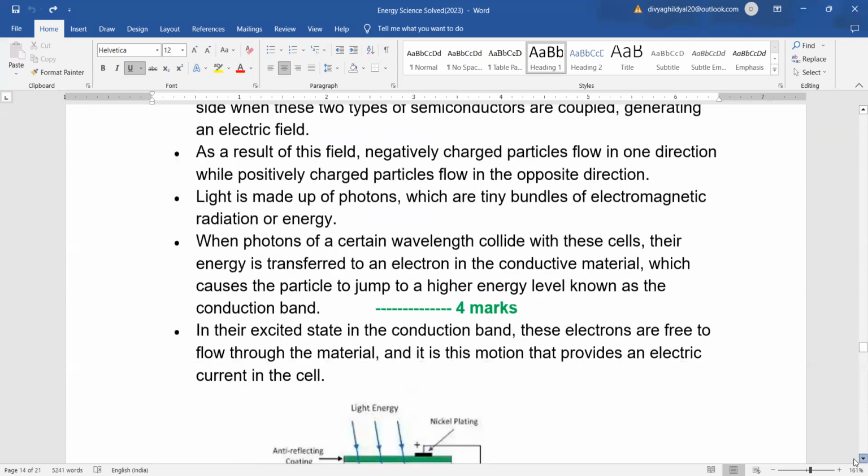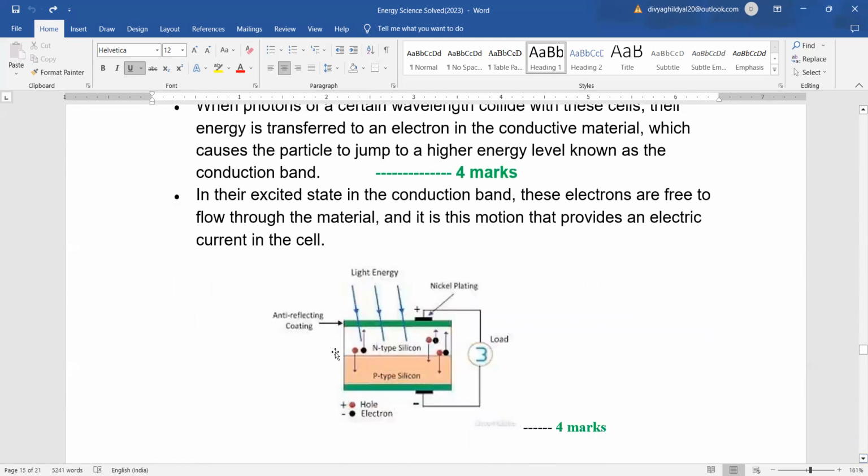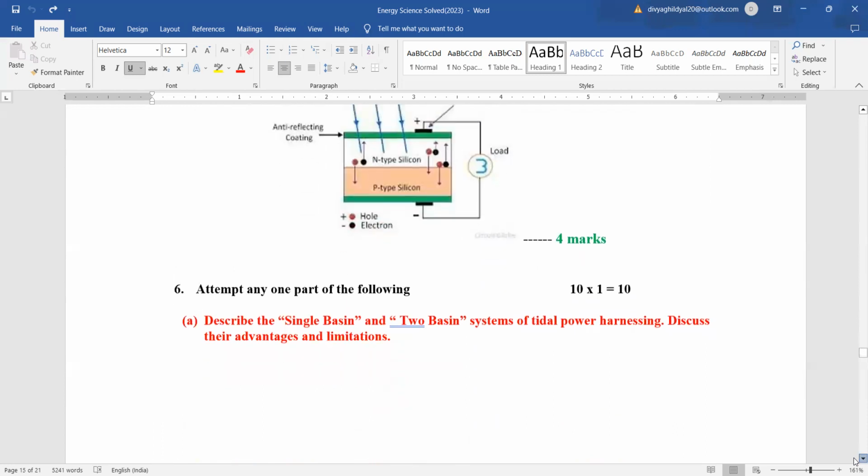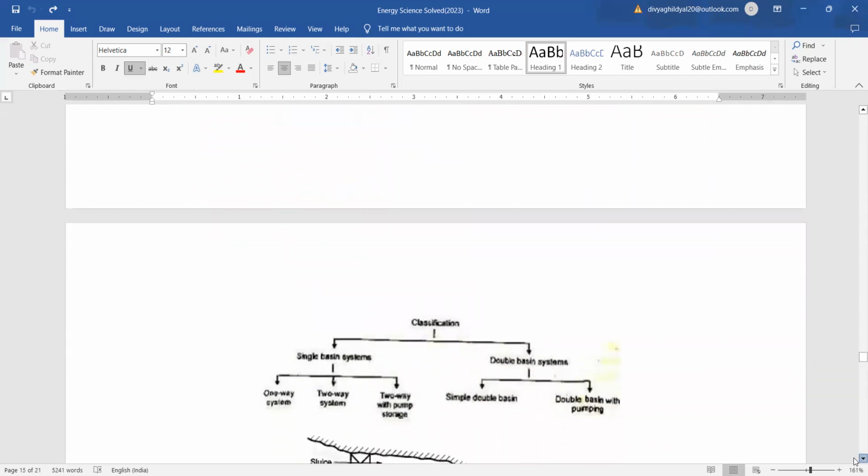And the PN junction, you can refer to my book also. It has been explained in great detail, how the photovoltaic cell takes the light energy and converts it into electricity.